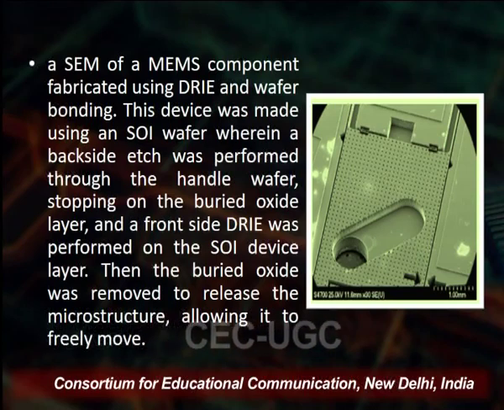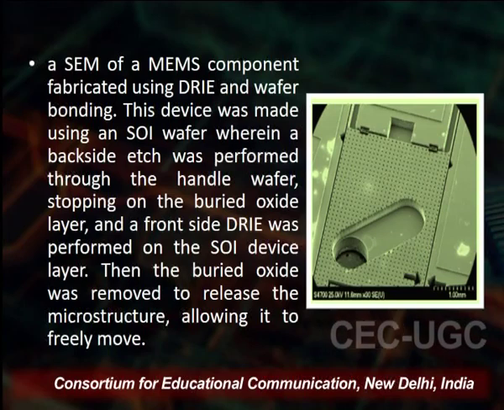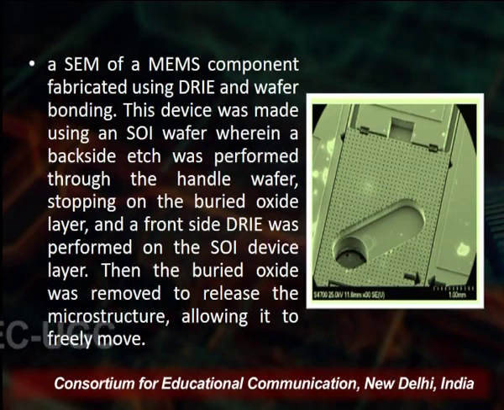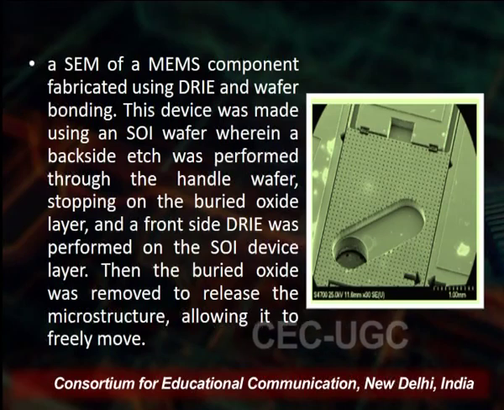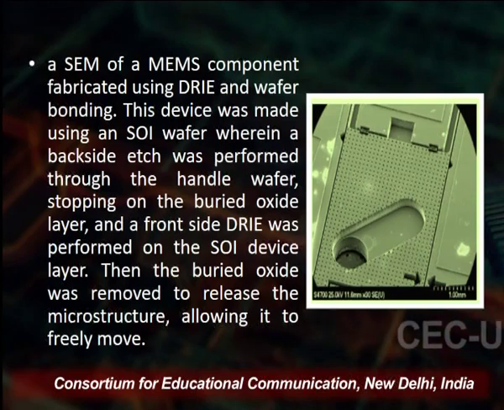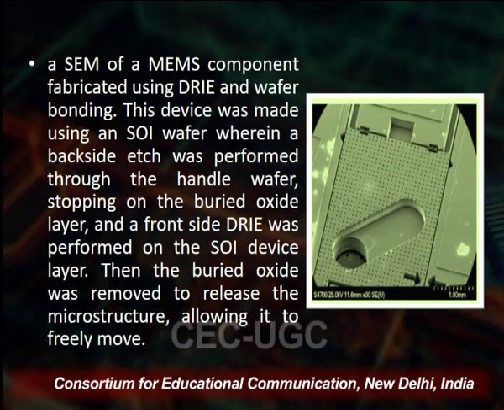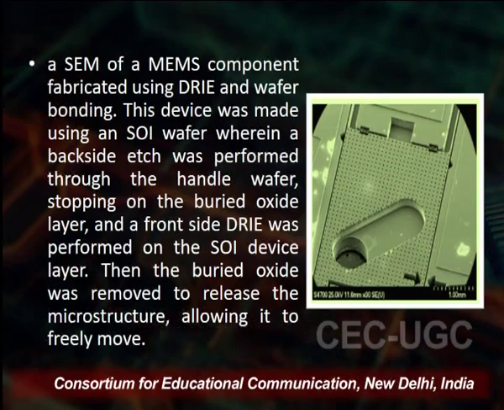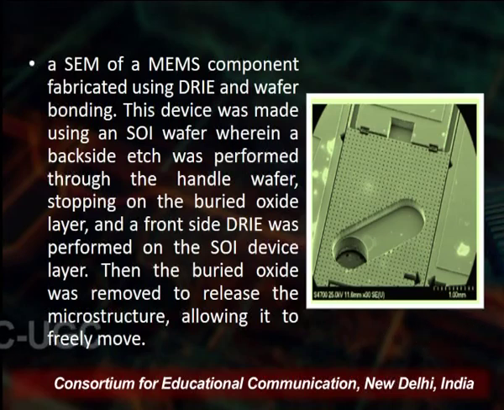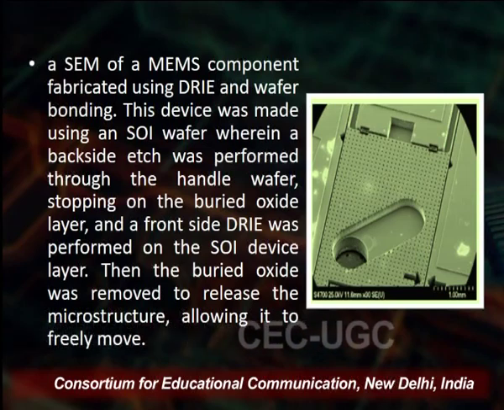You see that there is a hole where etching has been done. The backside etch was performed through the handle wafer, stopping on the buried oxide layer, and the front side DRIE was performed on the SOI device layer. Then the buried oxide was removed to release the microstructure, allowing it to move freely.